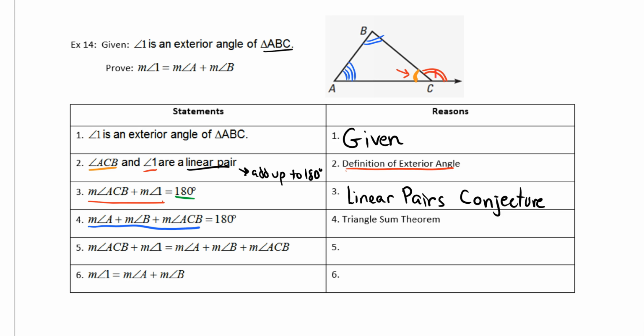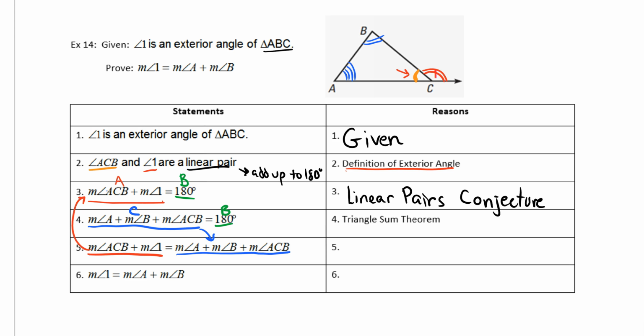Now this next piece, this is interesting. It says that ACB plus the measure of angle 1 is going to be equal to the measure of angle A, the measure of angle B, plus the measure of angle ACB. So we got to think about how they did that. Well, if you look, we can say maybe if A is equal to 180, and 180 is equal to C, then A has to equal C. Do you guys see that?